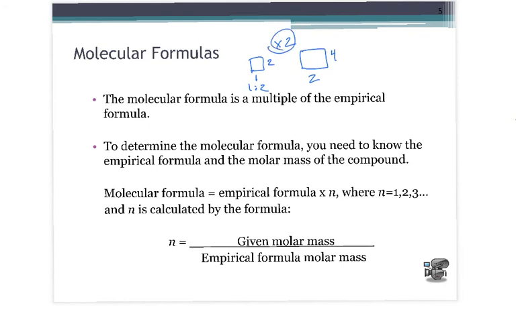And n is figured out in terms of empirical and molecular formula by our given molar mass. So you're given the molar mass of the unknown compound, and you determine what the empirical formula molar mass is using the methods that we've just learned. And when you divide those two, you end up with your factor n. And to figure out the molecular formula, you just multiply your empirical formula times n.